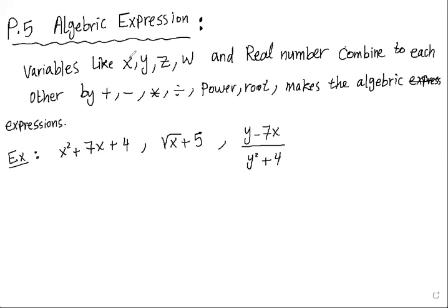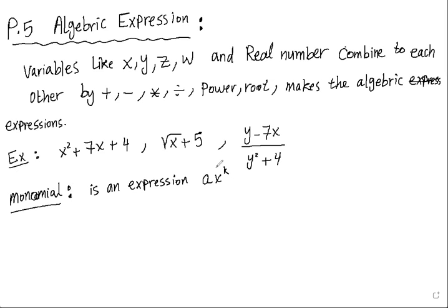Also, we have to know another definition called monomial. So what is the meaning of monomial? A monomial is an expression that looks like a x to the power k.